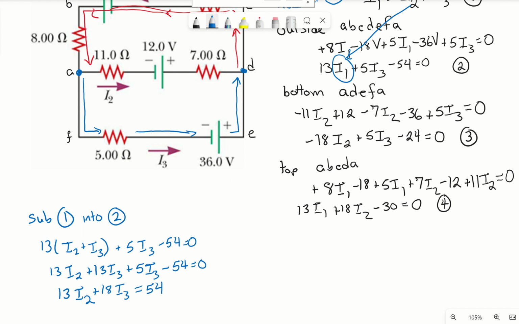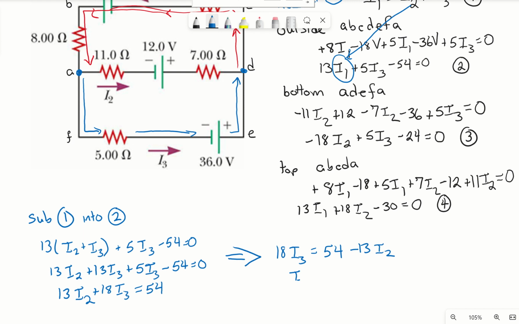So you can see it's very, very easy just to make a little mistake like I just did and mess up the whole thing. All right, so now you've got that done. The next thing you do is you solve for either I2 in terms of I3 or for I3 in terms of I2. Let me solve for I3 in terms of I2. So I'm going to rearrange it. So I've got 18I3 is equal to 54, and I'm going to subtract the 13I2 on the other side.